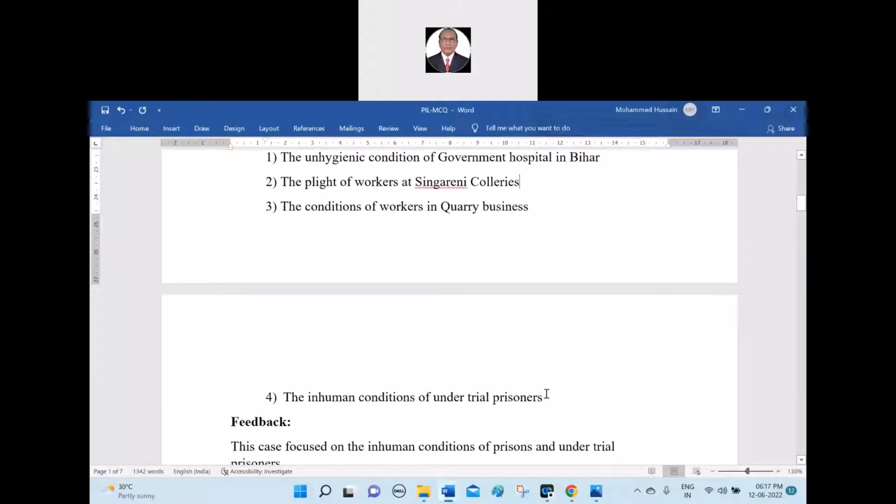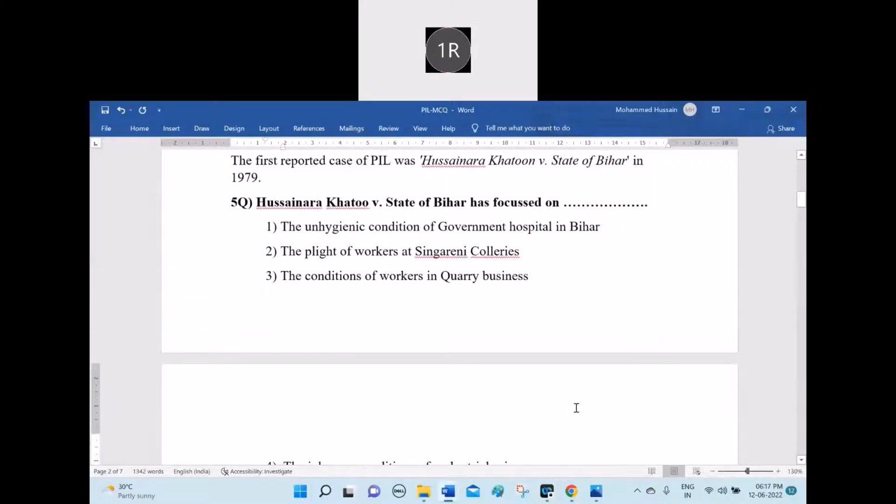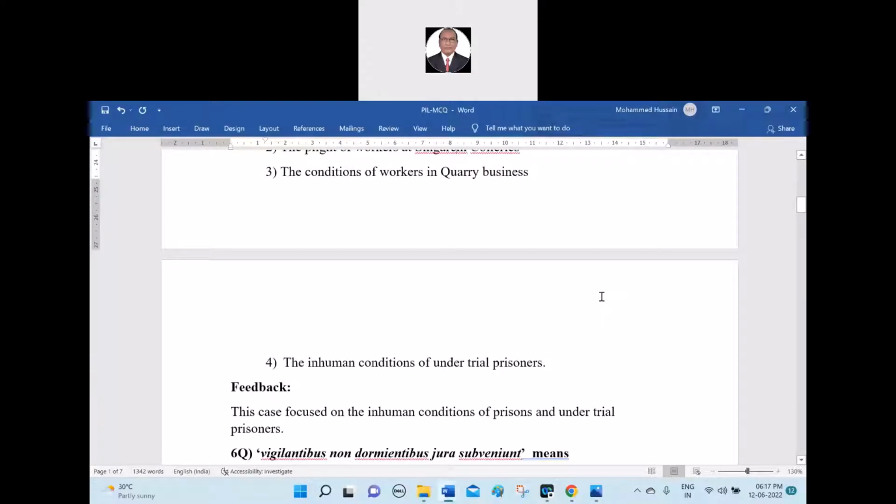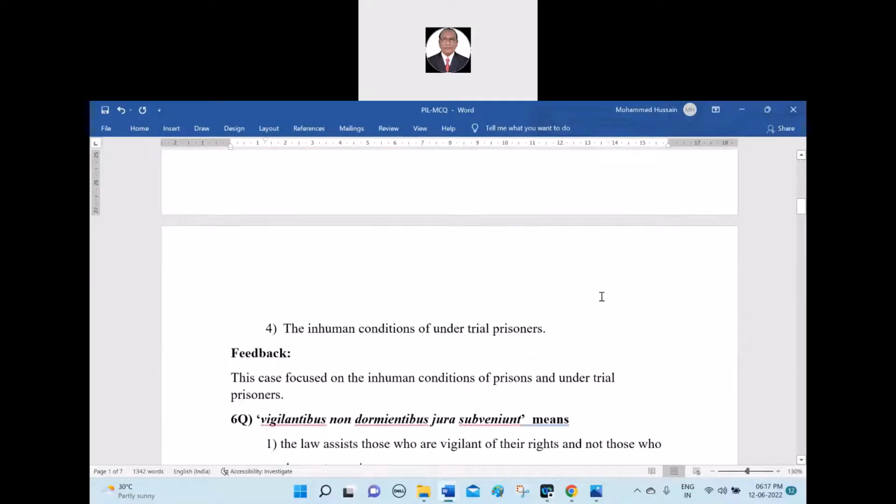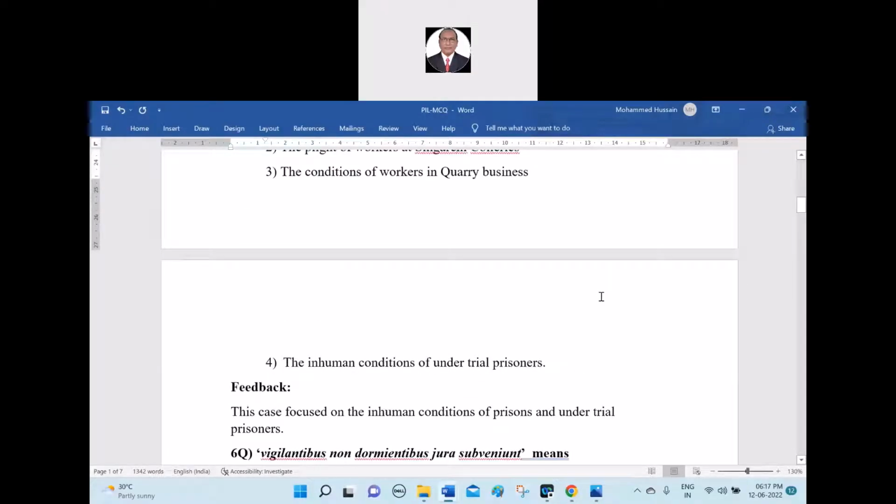The fourth one is the answer. The other three I have fabricated. So the fourth one is the inhuman condition of the under trial prisoners in the state of Bihar. Feedback: this case focused on the inhuman condition of the prisons and under trial prisoners.